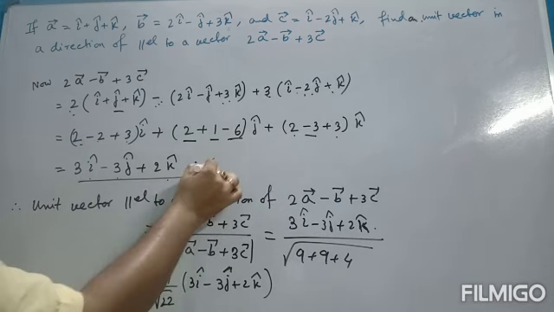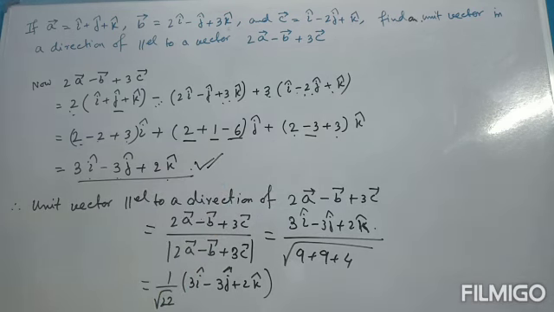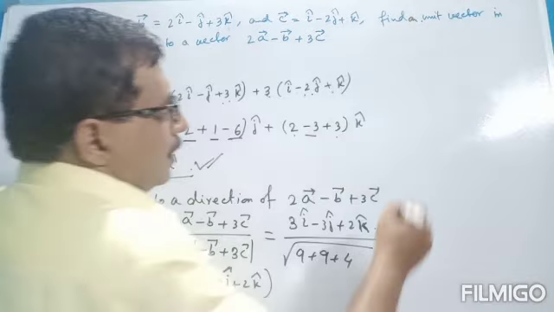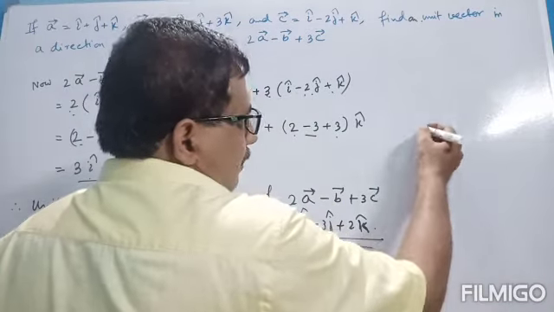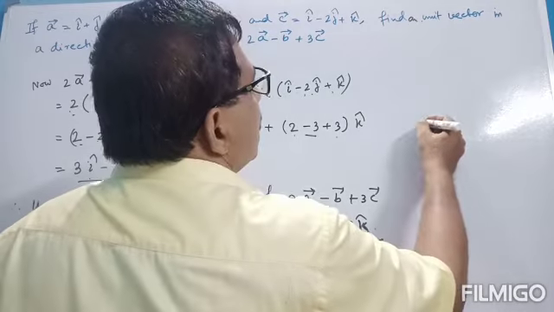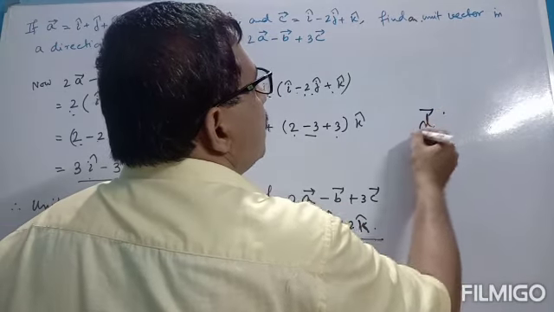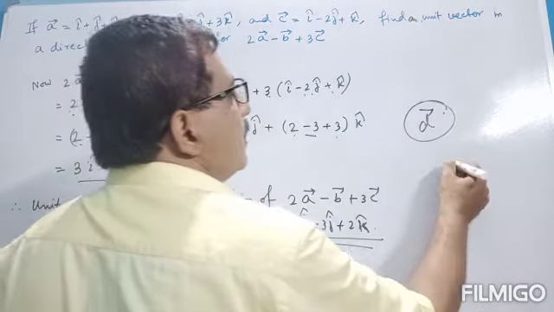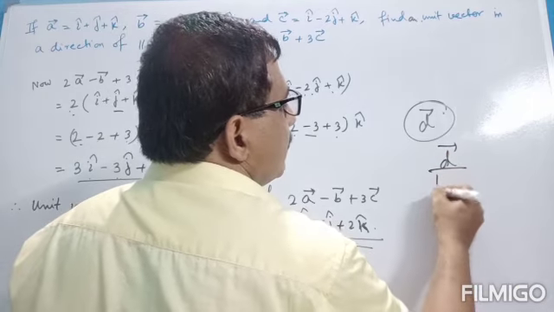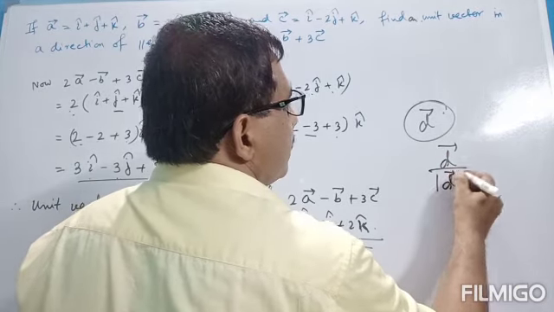Now this is the vector parallel to 2A minus B plus 3C, in the same direction, no problem at all. So the unit vector of any vector is given by this vector divided by the modulus of this vector. Very simple.